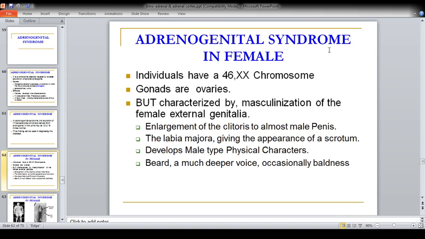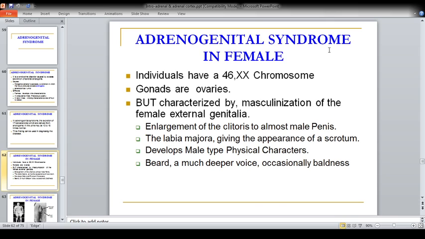Okay, so in this, the female, if she develops this adrenogenital syndrome, she would have a normal genetic makeup as that of a female. That would be 46XX. The gonads would be normal, that is ovaries, which are normally present in all females. But the physical characteristics of that female would be male-like.